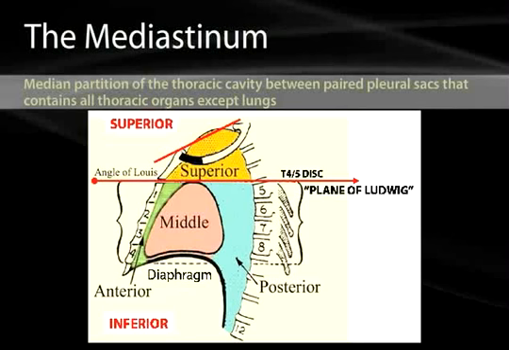The middle mediastinum is going to contain the pericardium and the heart. Remember that the phrenic nerve is inside and part of the pericardium, therefore it's considered a portion of the middle mediastinum as well. And then the posterior mediastinum is going to have the aorta, esophagus, thoracic duct, several things like that, including the sympathetic chain.